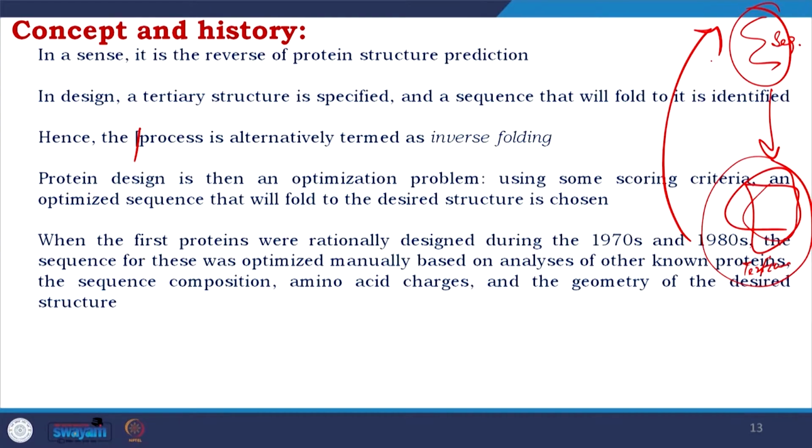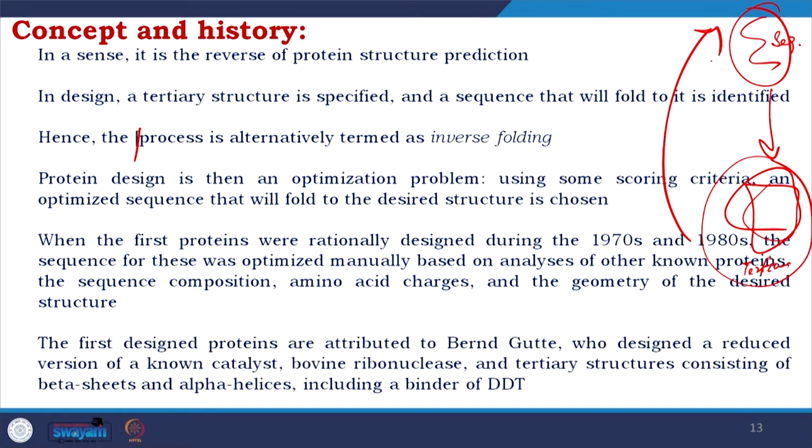When the first proteins were rationally designed during the 1970s and 80s, the sequences for these were optimized manually based on analysis of other known proteins, the sequence compositions, amino acid charges and the geometry of the desired structure.